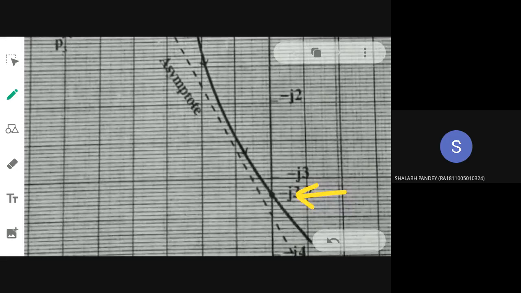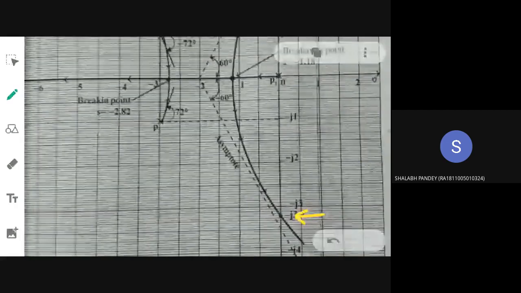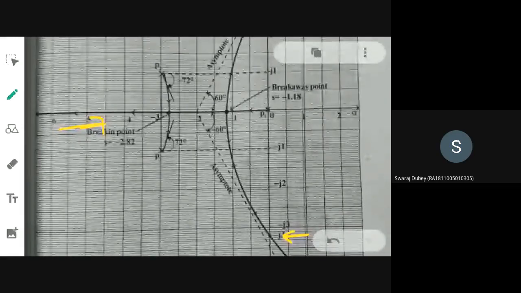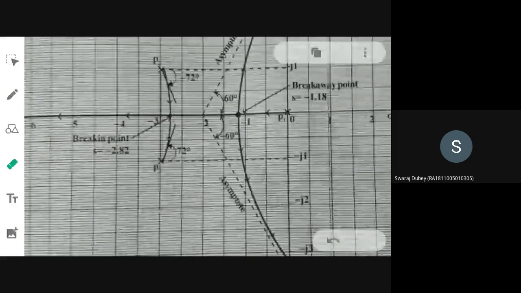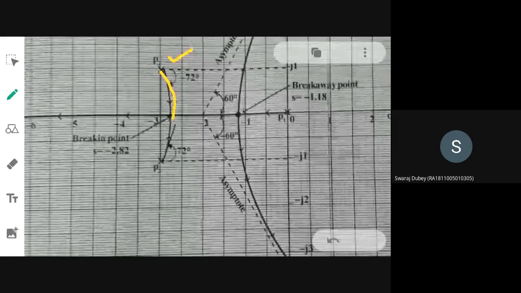One branch already you have drawn in this axis. Two more branches you have to learn. So I'll clear the page again. This is the second pole from which I have to start over. Based upon that angle only it originates and it breaks in at what point? What is the breaking point? Minus 2.82.